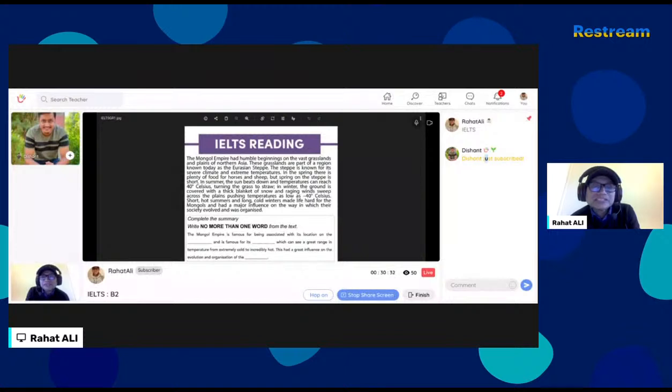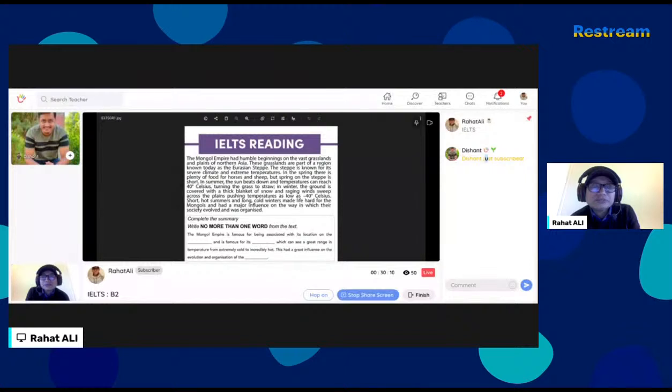In the spring there is plenty of food for horses and sheep, but spring on the steppe is short. In summer, the sun beats down and temperatures can reach 40 degrees Celsius, turning the grass to straw.